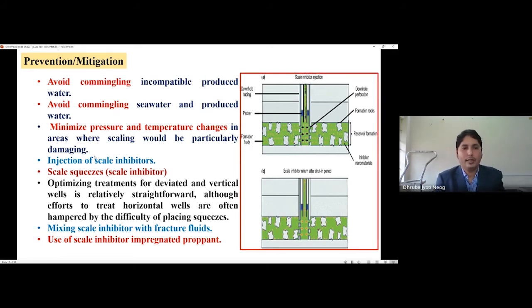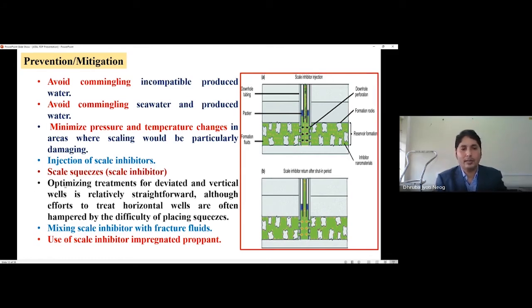Therefore, it is required to add scale inhibitors with the water, so that they reduce the extent of the occurrence of scaling.